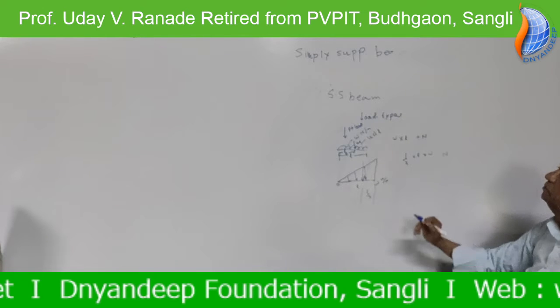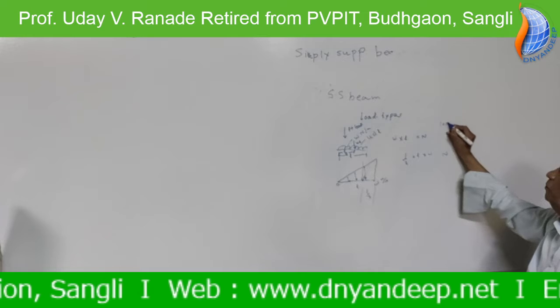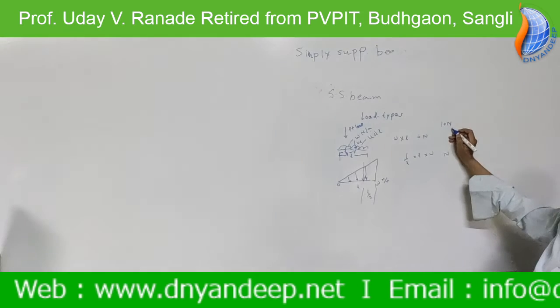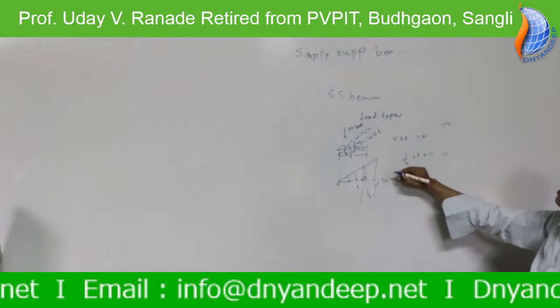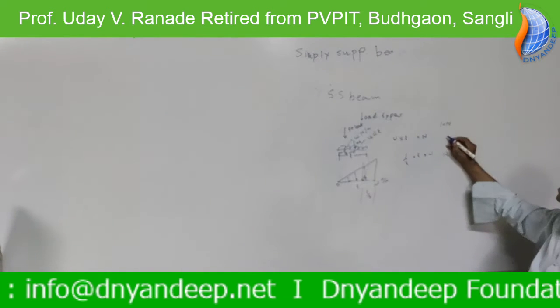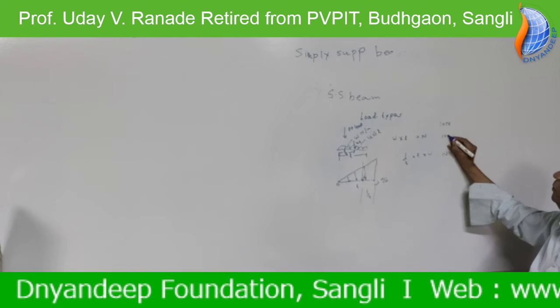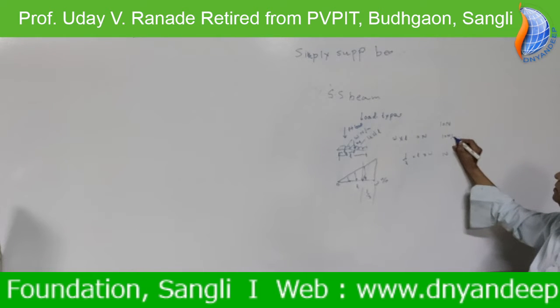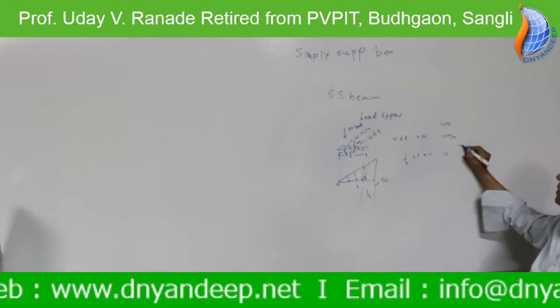To give example, suppose point load is 10 Newton. It will act at the point where it acts. Second case, suppose intensity is say 10 Newton per meter and the length is say 4 meter.